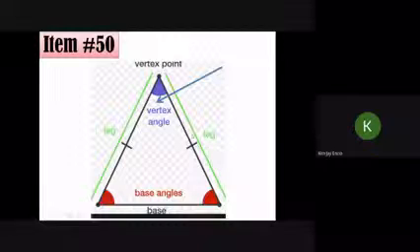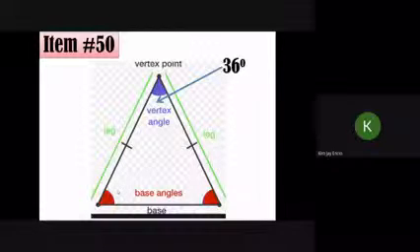The angle formed by the intersection of a leg and a base is what you call a base angle. But since there are two legs, there are also two base angles. And take note also that base angles are equal in measure.